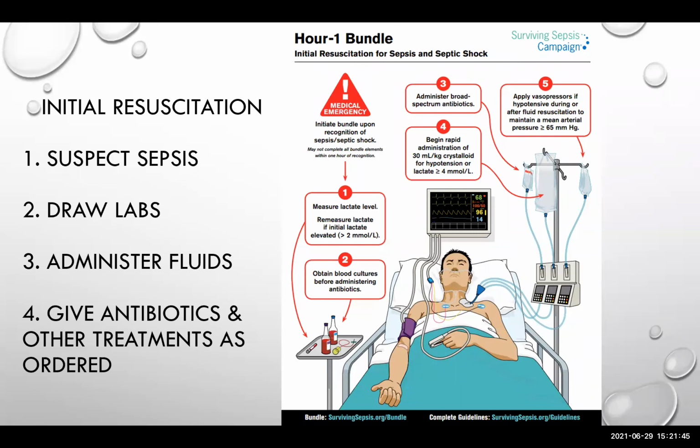So for initial resuscitation, the Surviving Sepsis campaign gives us the 1-hour bundle for initial resuscitation for sepsis and septic shock. The first thing that you're going to do is suspect the sepsis using those assessment techniques and the findings that we've just reviewed. You're going to draw labs, and that's going to be a lactate level, and you will measure that lactate level if it's elevated, meaning greater than 2 millimoles per liter.